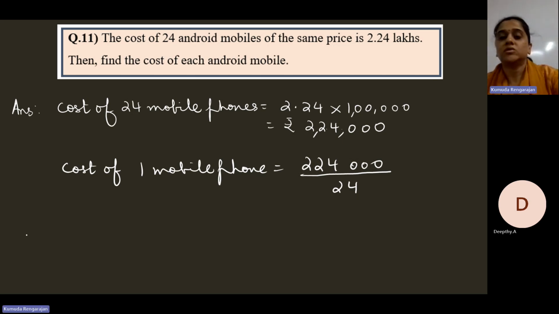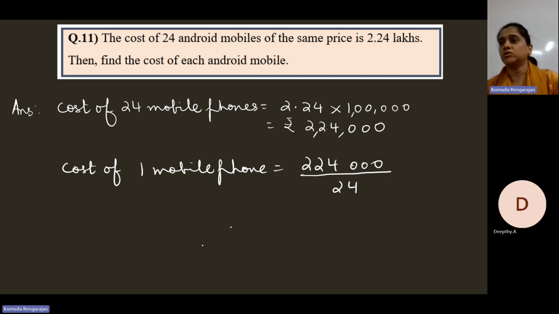So 2.24 lakhs, how will you find it? 2.24 into 1 lakh. Or you can divide.